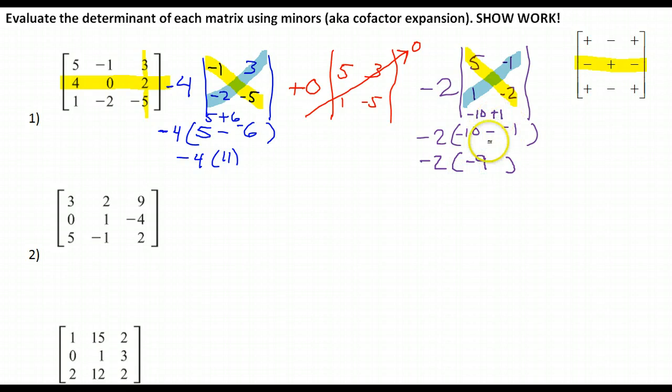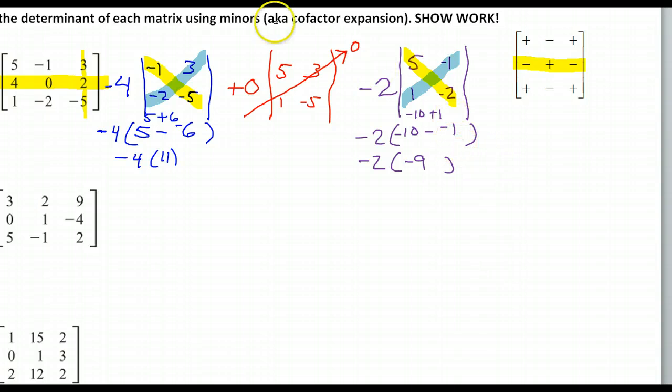Minus and negative is addition. So that's negative 9. I'm running out of space. Maybe I can put it over here. So that's going to give me negative 4 times 11, that's negative 44.